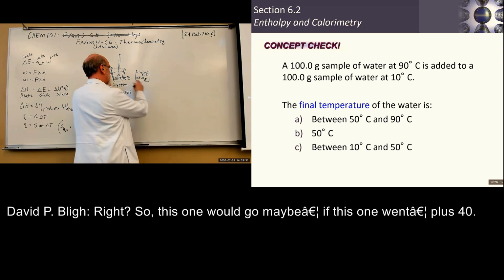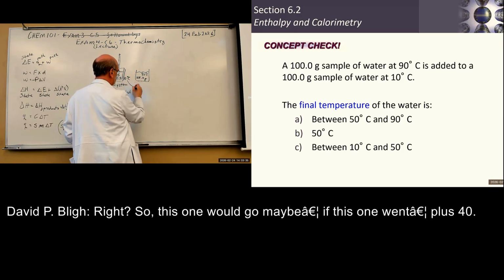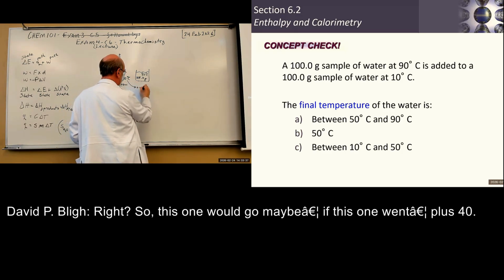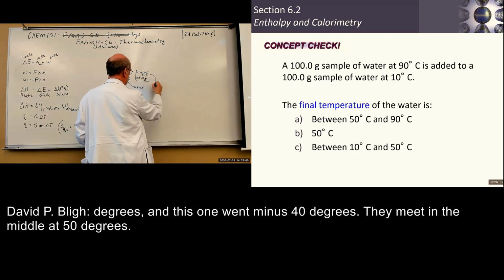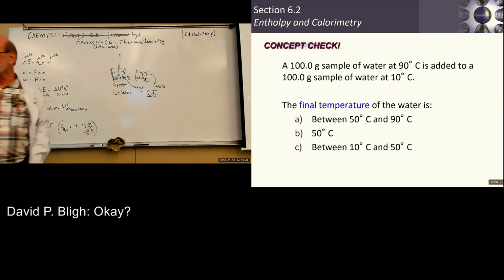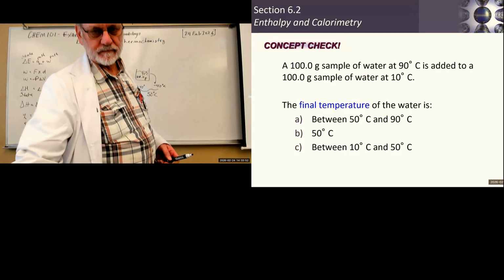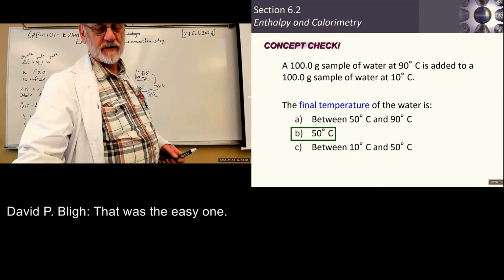So if this one went plus 40 degrees and this one went minus 40 degrees, they meet in the middle at 50 degrees. That was the easy one.